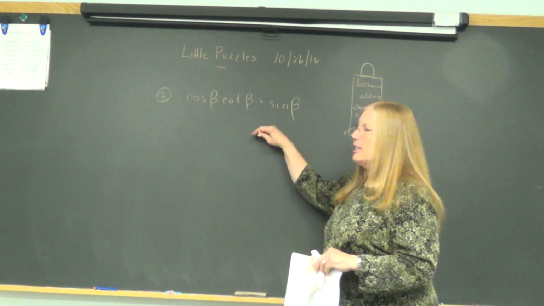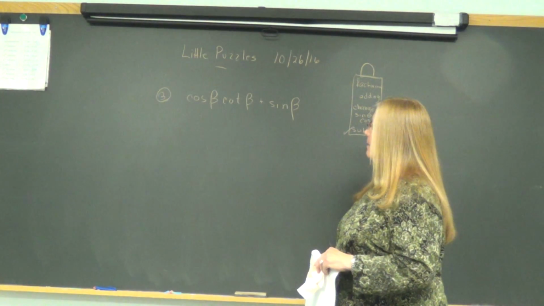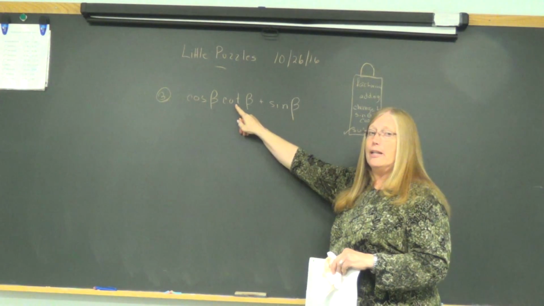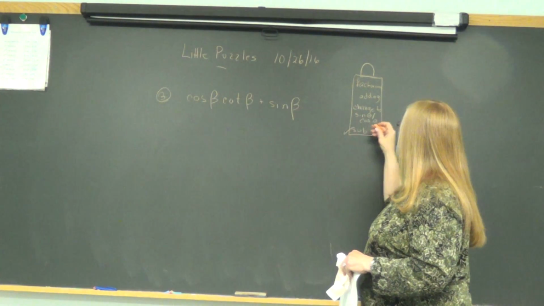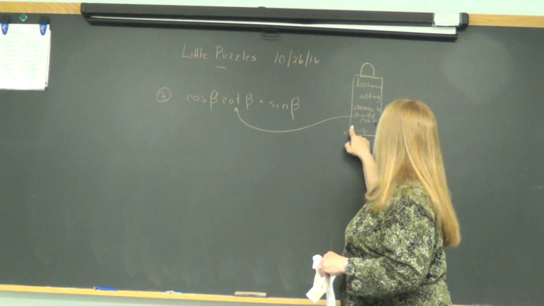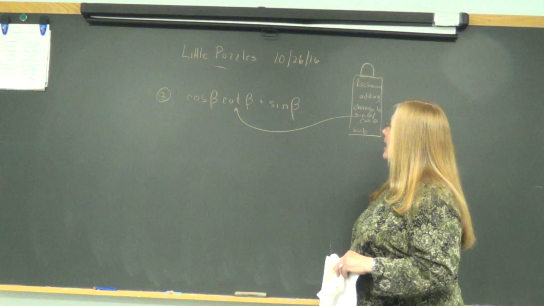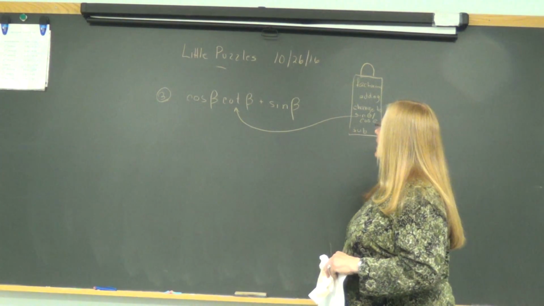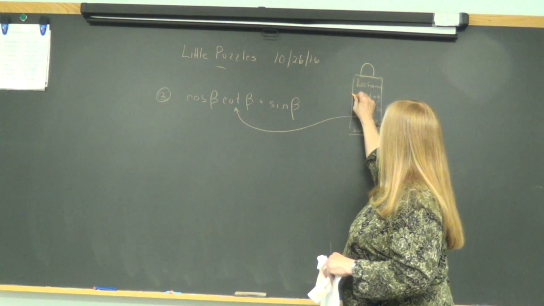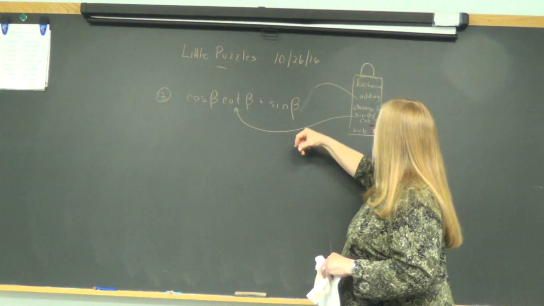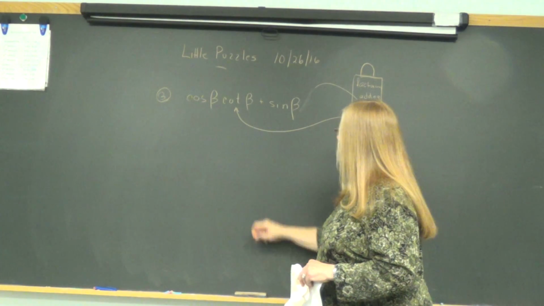So cosine beta, cotangent beta, plus sine beta. I want you to simplify that. I'll give you a clue on what tool to use. Go over here and change this to sine and cosine. Then you'll have to add these two together once you give it a like denominator.